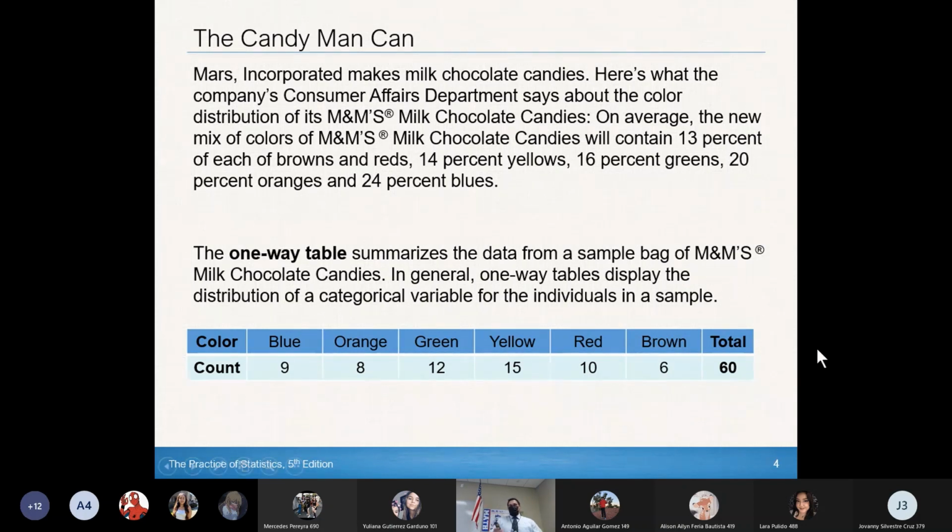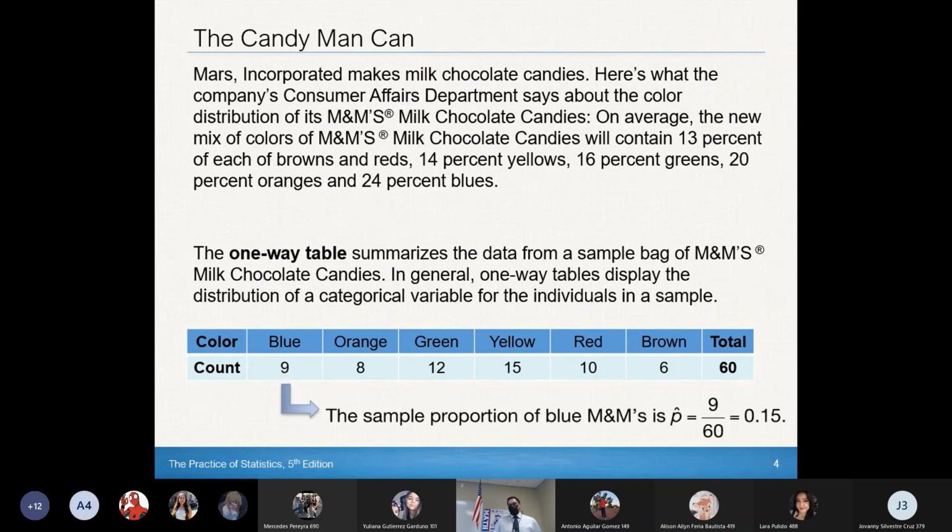All right, so below we have just a one-way table showing the count of how many candies in a sample of 60 were each of the colors from our sample. So this is what we saw when we took a sample of 60. Right. We could calculate a sample proportion of blue M&Ms to be p hat, 9 out of 60, which is 0.15 or 15%.